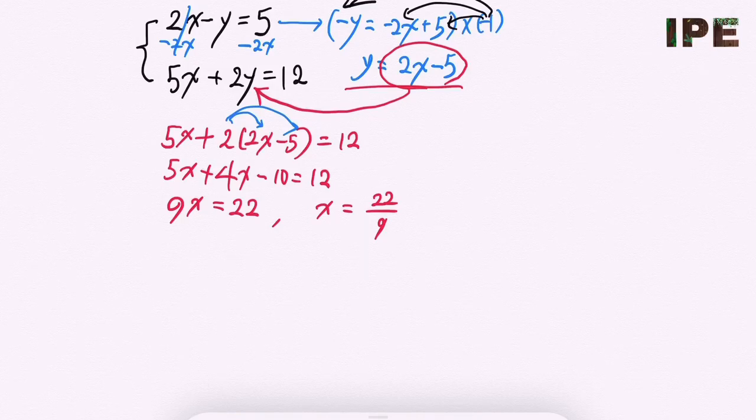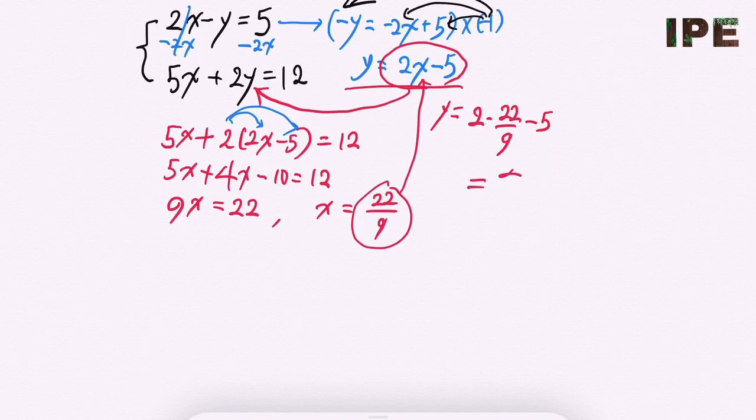What is the next step? We need to find the value of y. So I'm going to plug in this number for x, and then y is going to be 2x minus 5. So 2 times 22 over 9 minus 5, which is 44 over 9 minus 5. 5 is 5 over 1, right? So what is the common denominator of 9 and 1? That's 9.